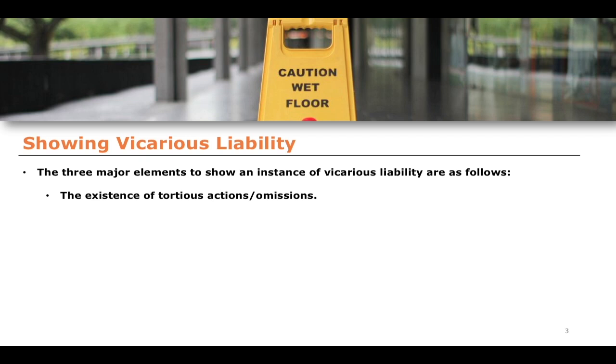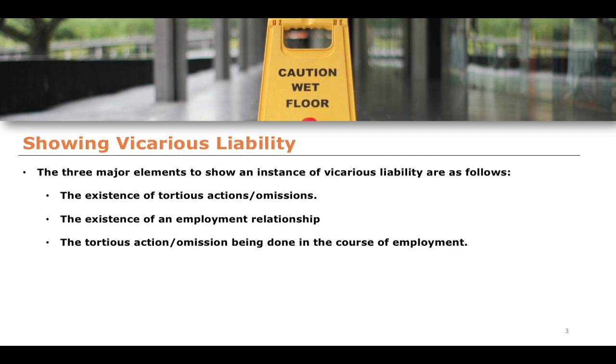Often it is obviously the former rather than the latter. There also has to exist an employment relationship. So the tortious action has to have been committed by an employee who is in an employment relationship. Finally, the tortious action or omission has to have been done in the course of the employment.